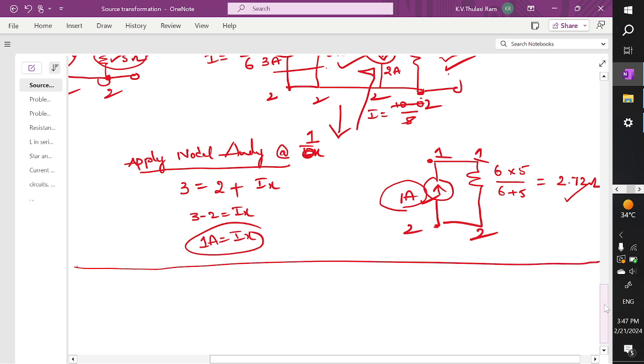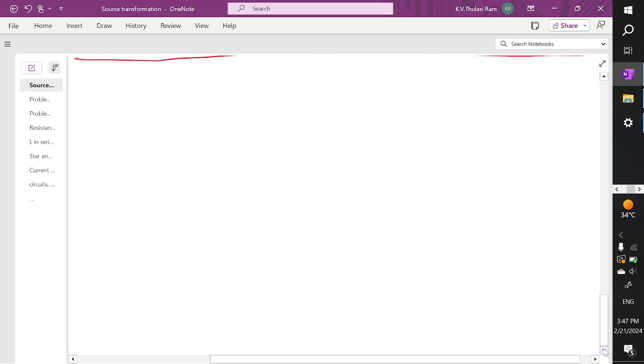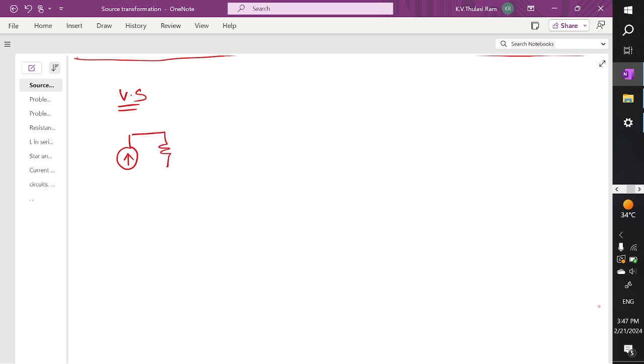Let's go to the next category of problem. Here, for the circuit shown below, converting into an equivalent voltage source is asked. Very simple to do. Here we have a voltage source with a resistor, and again a current source in parallel to a resistor.